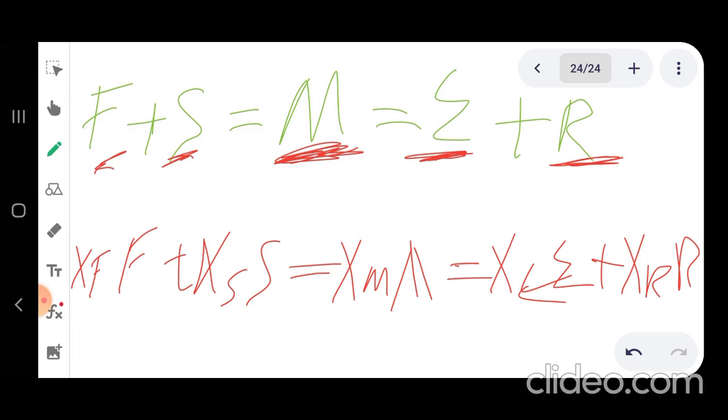Okay, another thing that I would like to mention here before we end this video is that, remember, in distillation you have two phases, right?